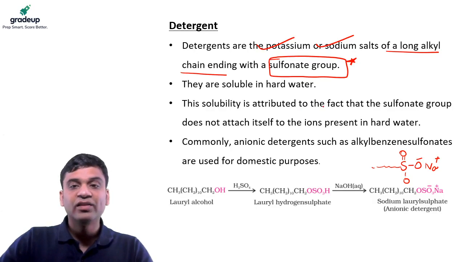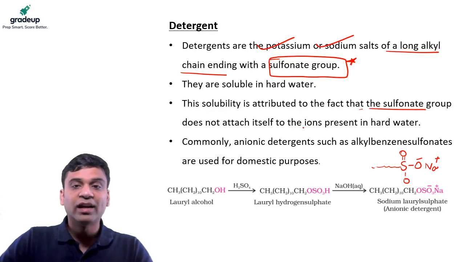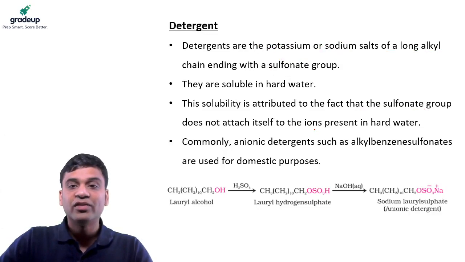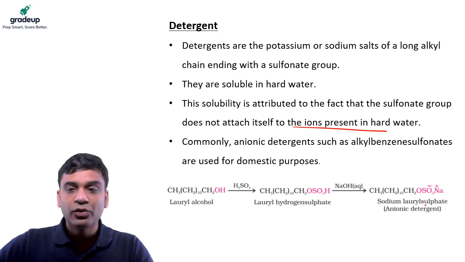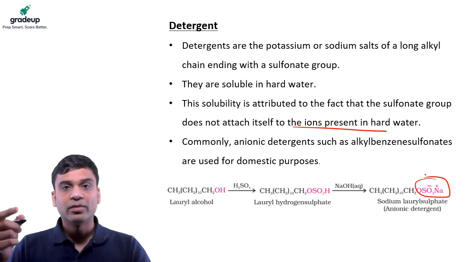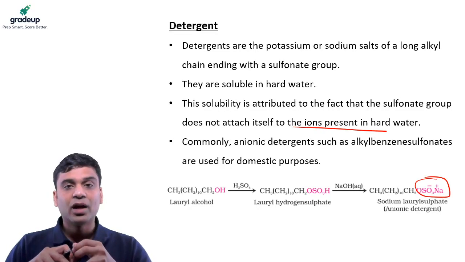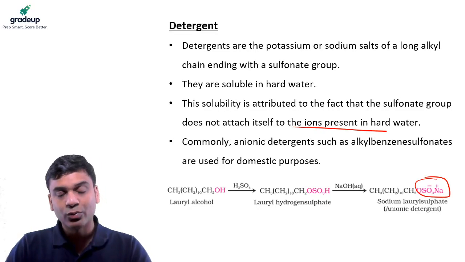And this solubility is attributed to the fact that the sulfonate group does not attach itself to the ions present in hard water. For example, in hard water, we have the carbonates and bicarbonates of calcium and magnesium.